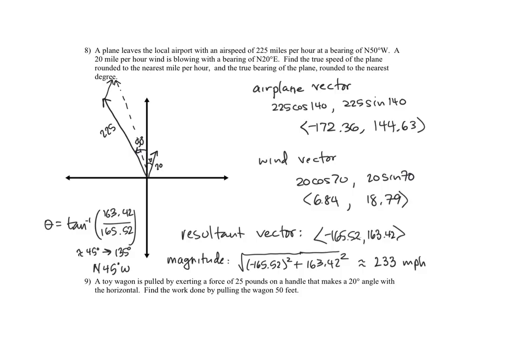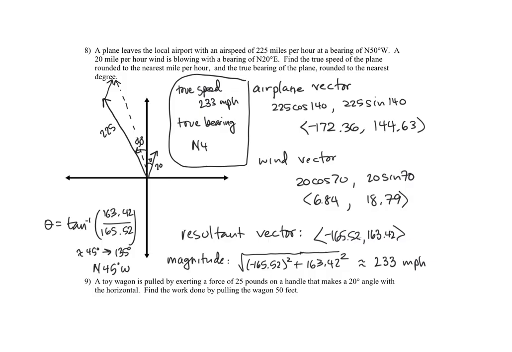So let's see, I'm going to put this. The true speed is 233. The true bearing is 45 degrees west of north.